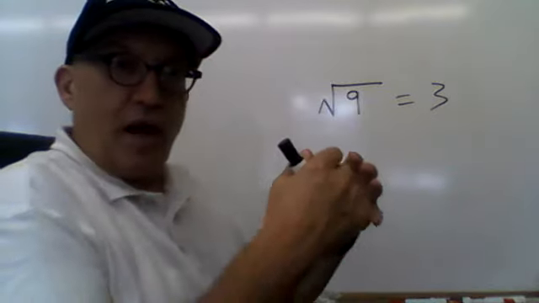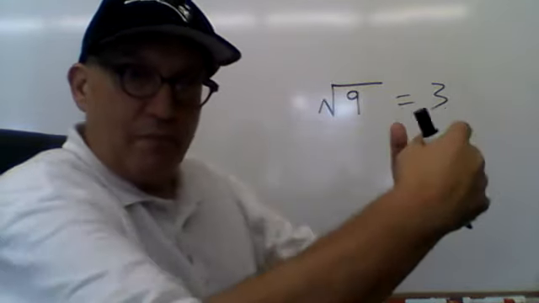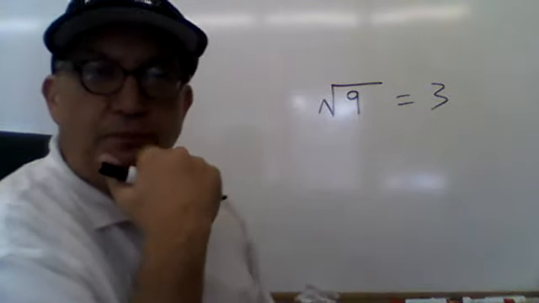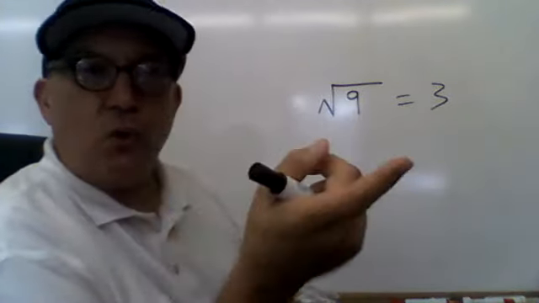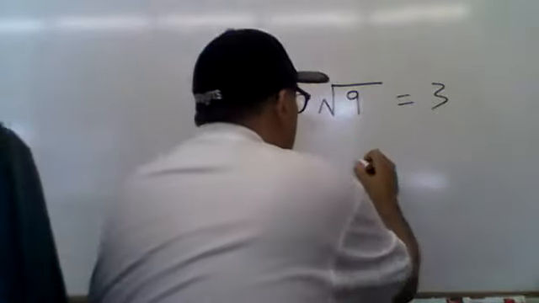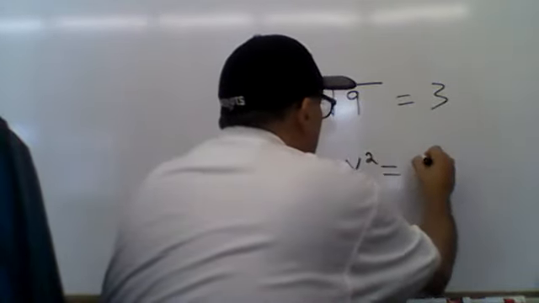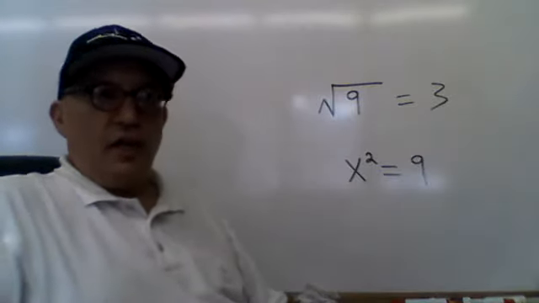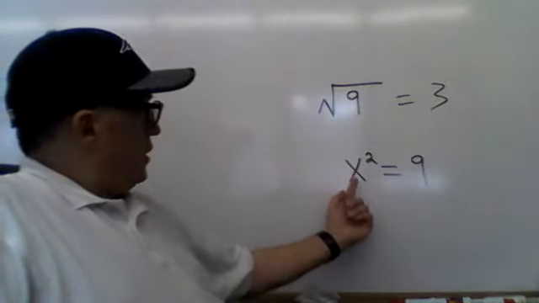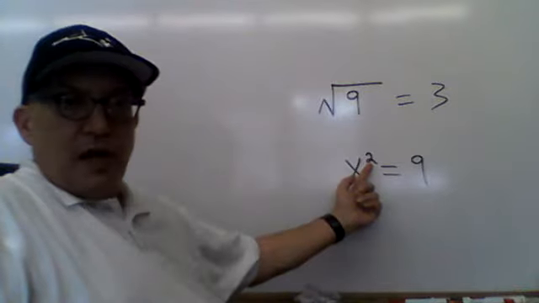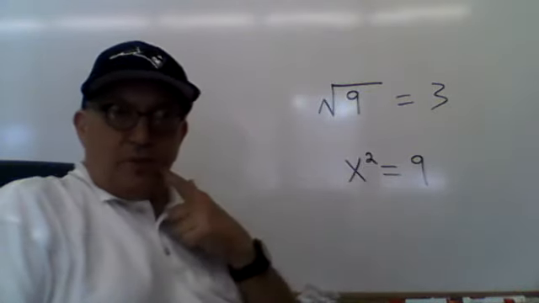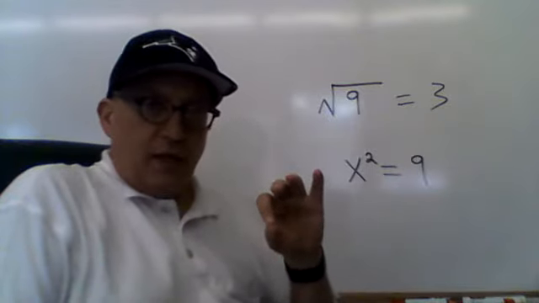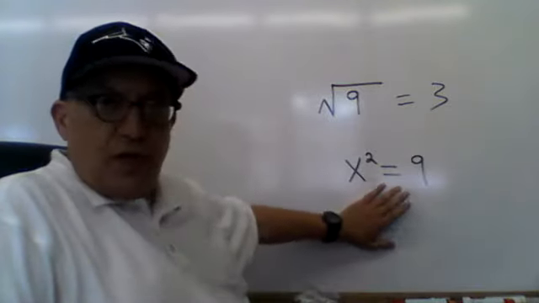And let me try to make this make a little bit more sense for you. Let's say we have an equation: x squared equals 9. This equation is telling us that you multiply a number by itself to get 9. Well, to solve this equation correctly, if you just write x equals 3 here, it's wrong.